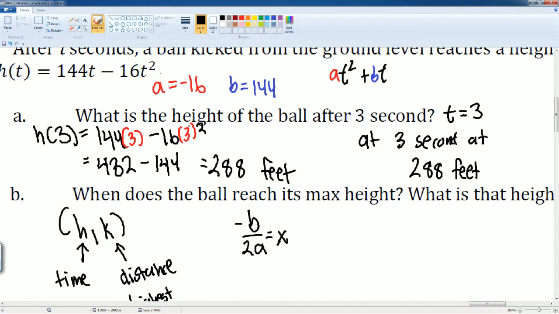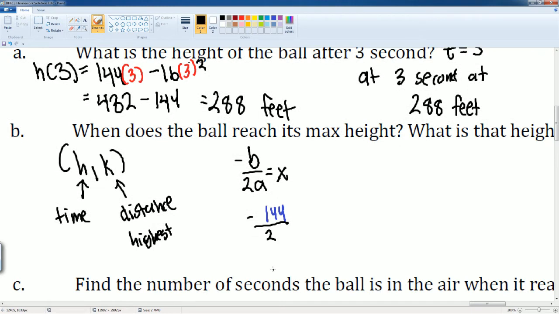So let's just plug this in. Negative b. So let's look at the b first. So it's going to be negative 144. And we're going to divide this by 2. And we know that the a is negative 16. All right. So negative 144 divided by 2 times negative 16.